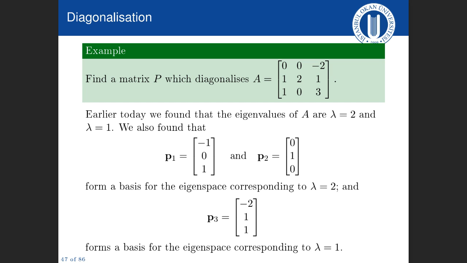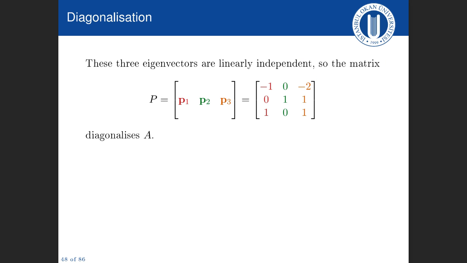Step 2 is to write down the matrix capital P. We want the square 3 by 3 matrix where the first column is the first eigenvector, minus 1, 0, 1. The second column is the second eigenvector, 0, 1, 0. And the third column is the third eigenvector, minus 2, 1, 1.